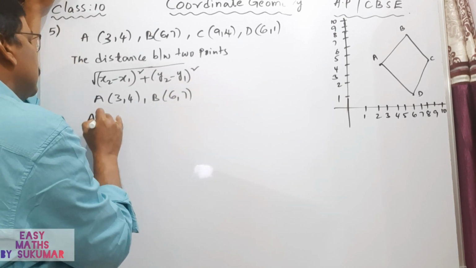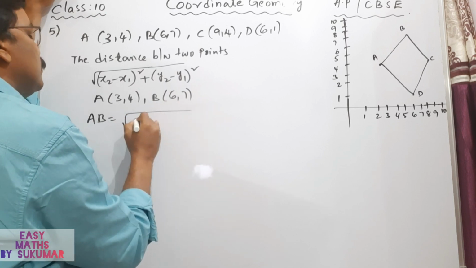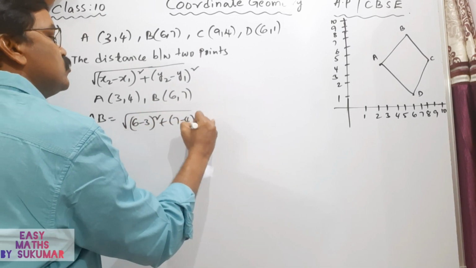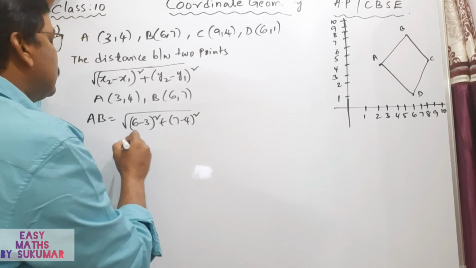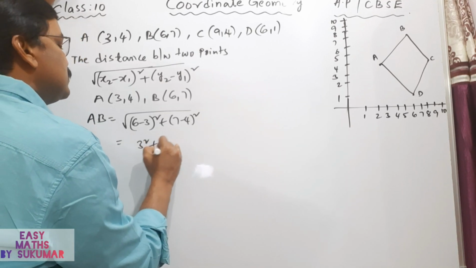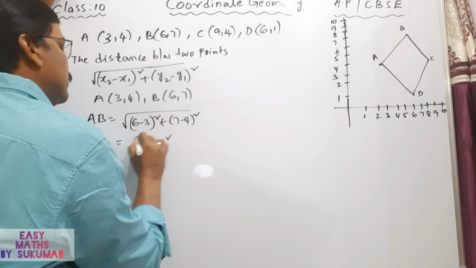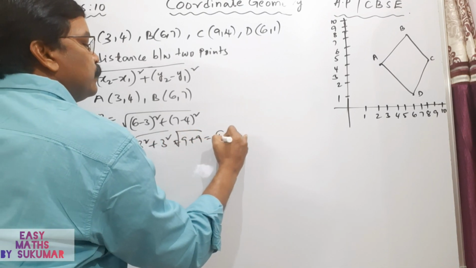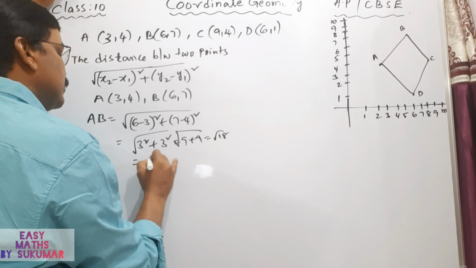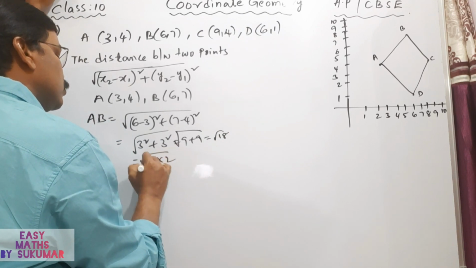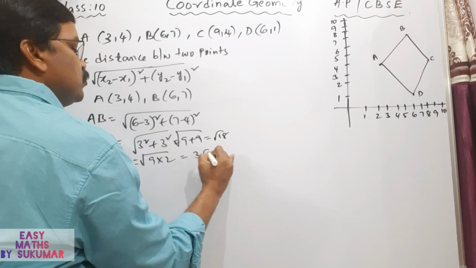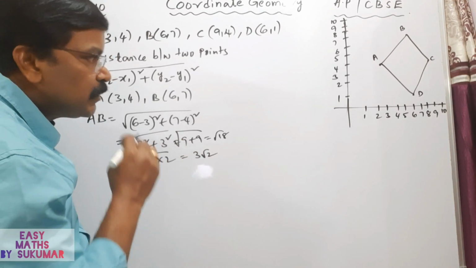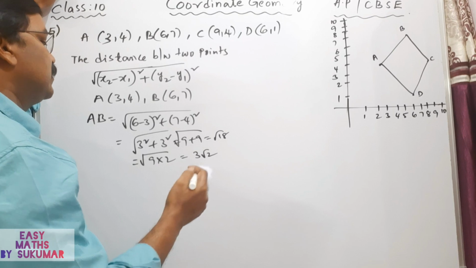So the distance AB is equal to root of (6 minus 3) whole square plus (7 minus 4) whole square. So 3 square plus 3 square, that means 9 plus 9, that is root 18. Root 18 means 9 into 2, so this is equal to 3 root 2. So the distance between A and B is 3 root 2 units.